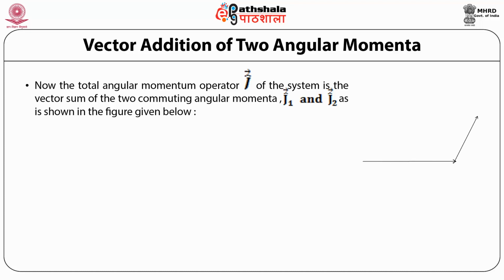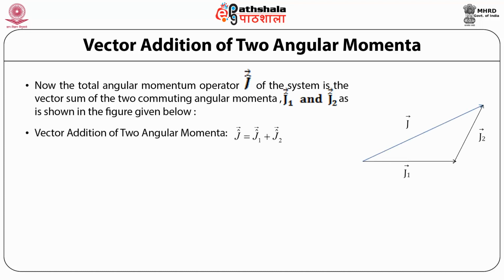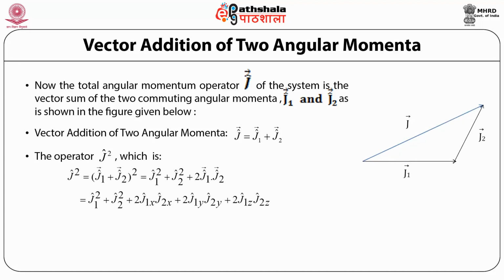Now we move towards the vector addition of two angular momenta, where operator J is equal to the sum of operator J1 plus operator J2. The operator J square will be equal to the square of operator J1 plus operator J2, which is equal to operator J1 square plus operator J2 square plus 2 times operator J1 dot J2.